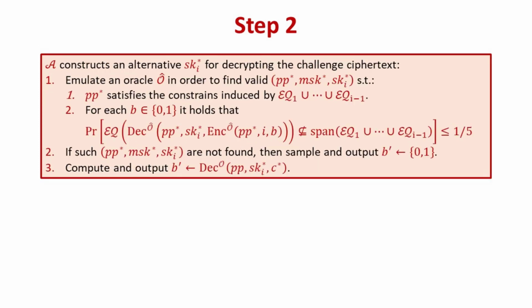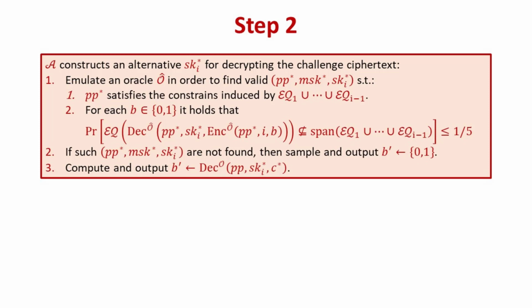Now the attacker constructs an alternative secret key sk star I for the challenge identity and uses it for decrypting the challenge ciphertext. The attacker emulates a fresh oracle and searches for alternative public parameters pp star, master secret key msk star, and secret key sk star I that are in the support of the setup and the key generation algorithms, and such that the following two properties hold.